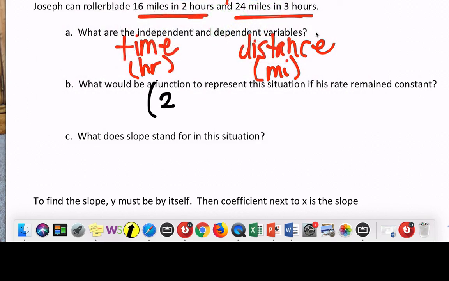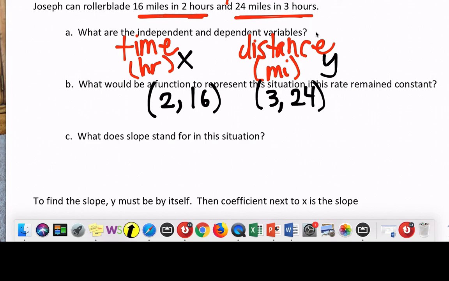In 2 hours, that comes first because time is the independent variable. In 2 hours, he travels 16 miles, and in 3 hours, he travels 24. You could graph this to figure out the slope. I'm going to use rise over run, or the slope formula. I'll call these x1, y1 and x2, y2.